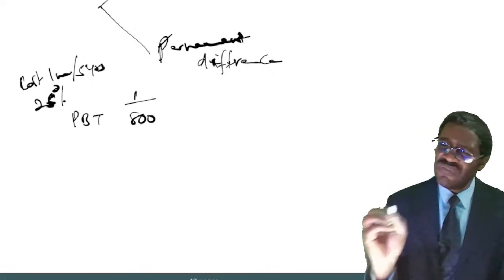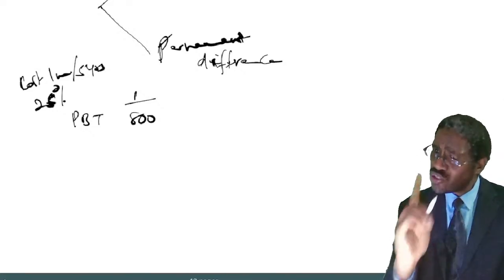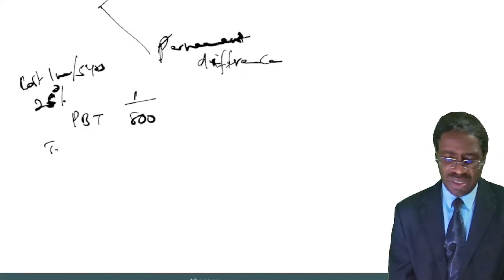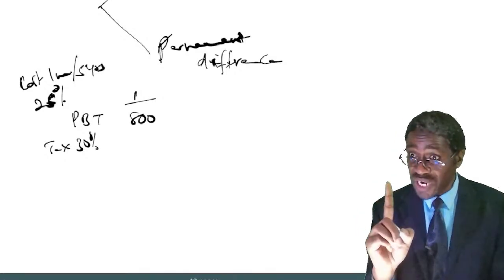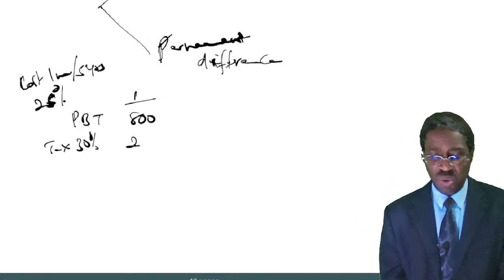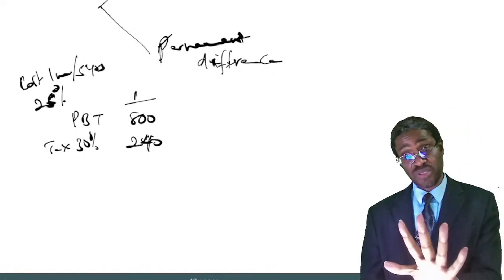So when you gave the taxman this profit of 800, let us assume the tax rate is 30%. You thought as a businessman you will be required to pay tax of 240. 30% of 800 is 240.